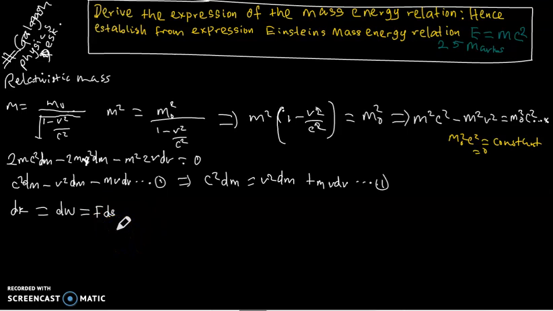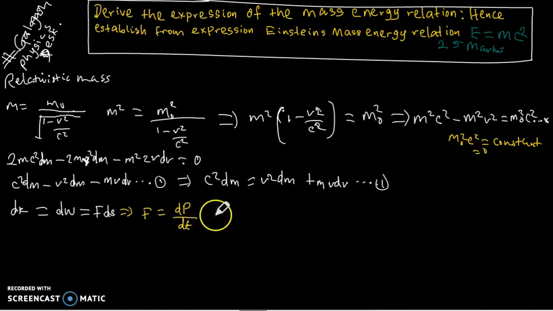So now this takes us to Newton's second law. According to Newton's second law, force is the rate of change of momentum with respect to time. So it is the rate of change of momentum dp with respect to time dt.